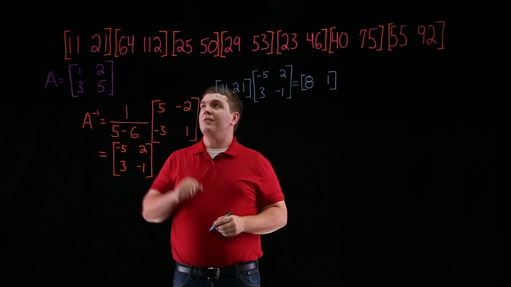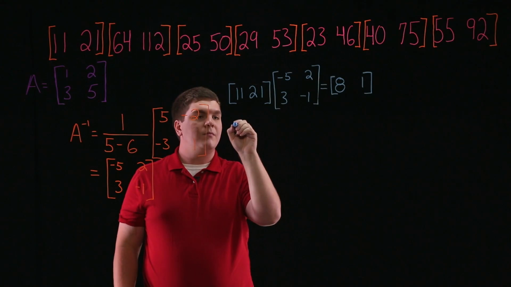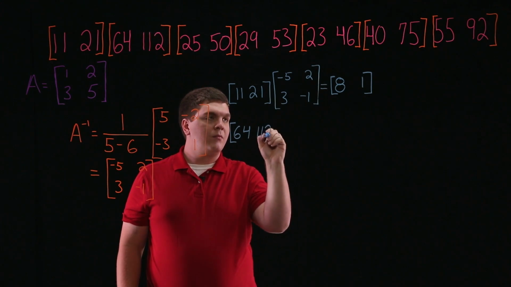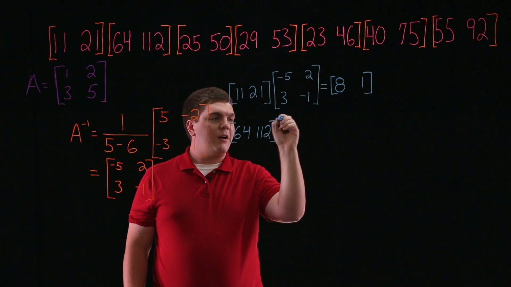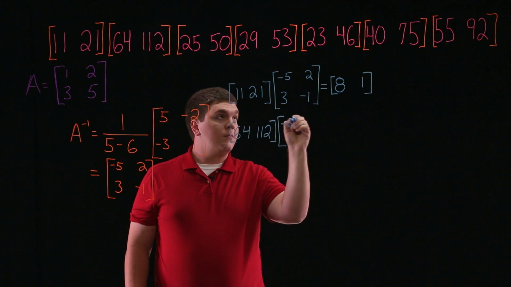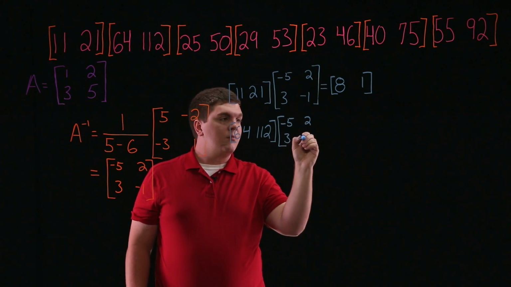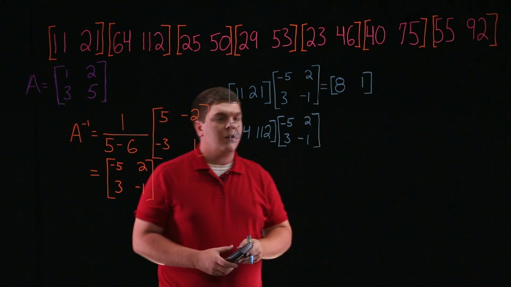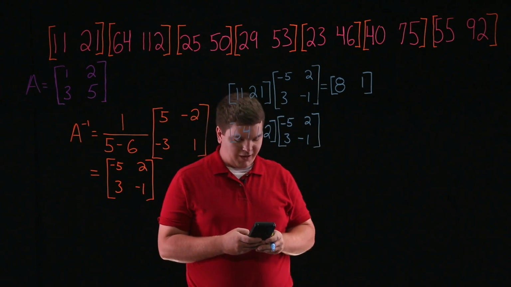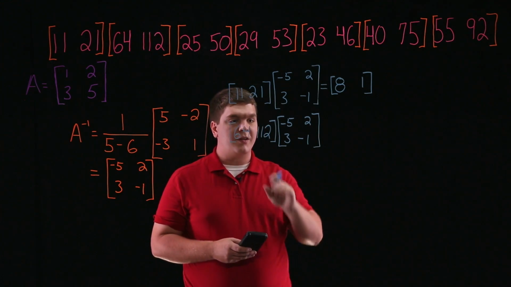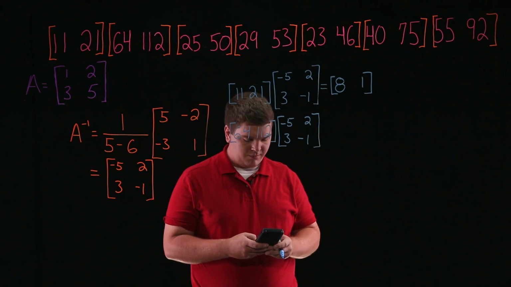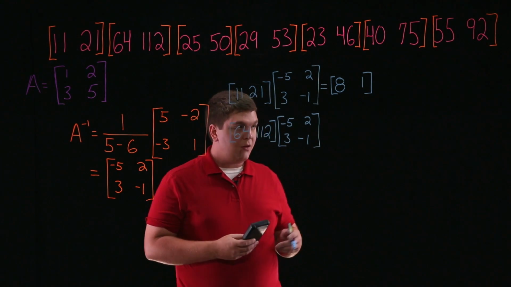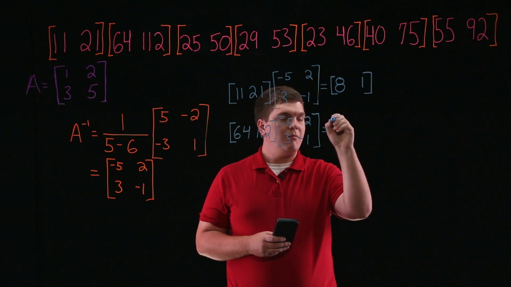Next, we'll come over to our second matrix, 64, 112, and we'll multiply this by our A inverse. So here we have 64 times negative 5 plus 112 times 3, which gives us a 16 in the first column.